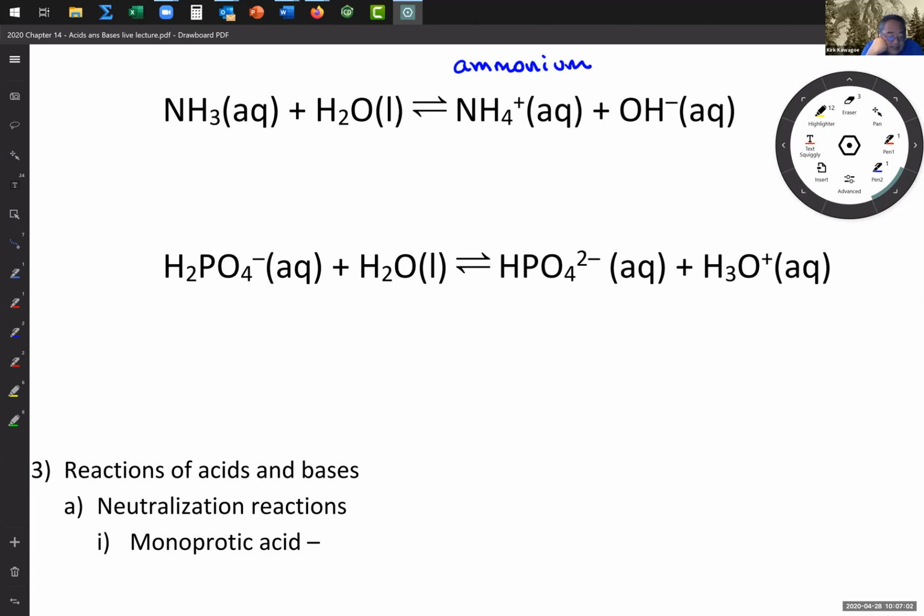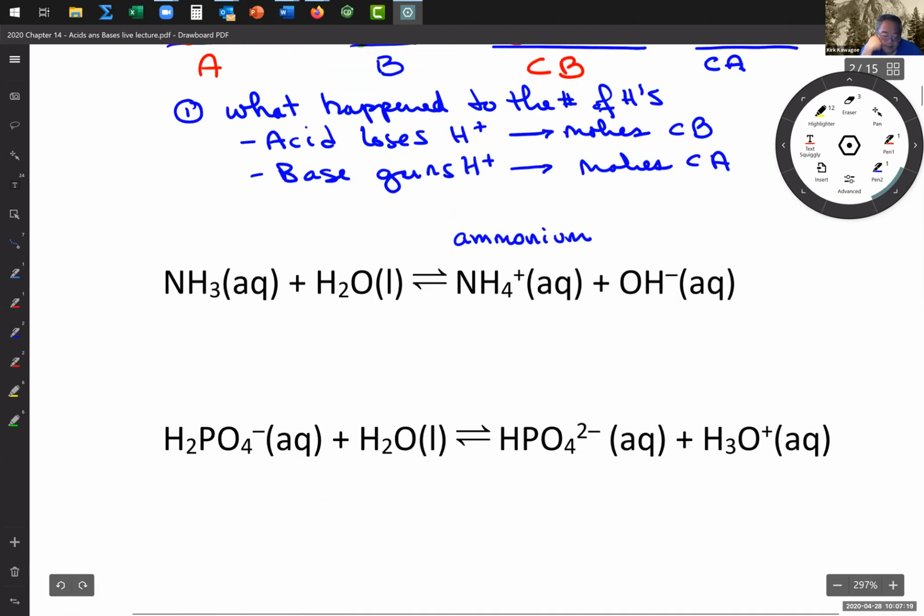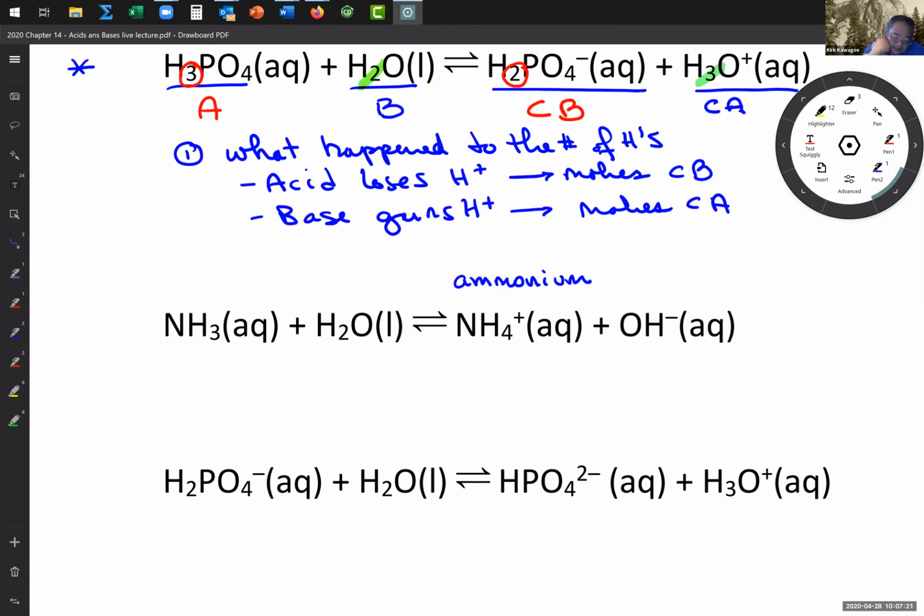So which one's the acid in this case? I can leave the notes like this so you can see our little notes. Which one is the acid?